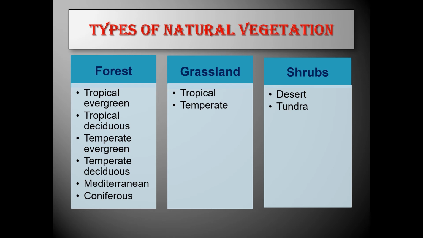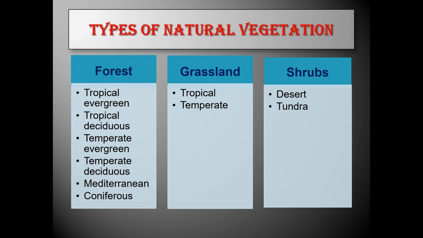For example, cacti, saguaro cactus, acacia, etc. While the tundra vegetation is found in cold regions near the Arctic Circle in the northern hemisphere. It comprises mosses, lichens, and some shrubs and meadows. Meadows are a kind of short grass.